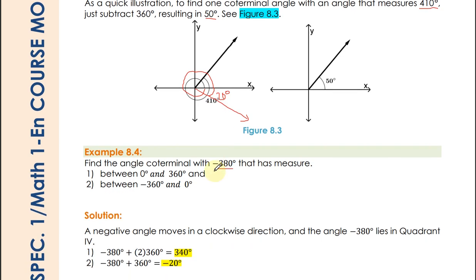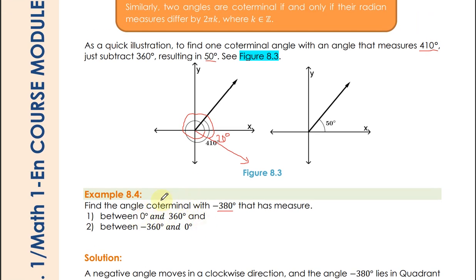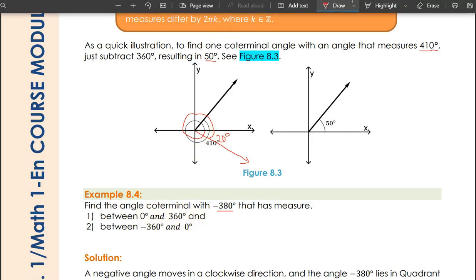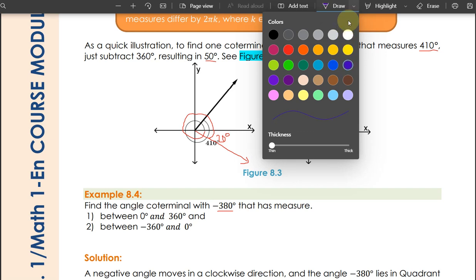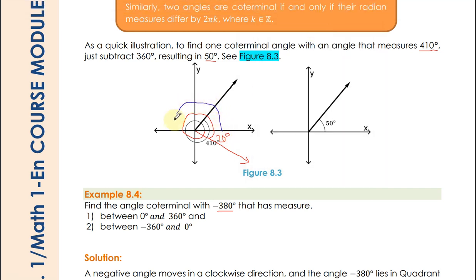Okay. So the question here is, what is the coterminal angle that is in between 0 and 360? So that is a positive angle. From 0, going toward 360. So that is the coterminal angle.